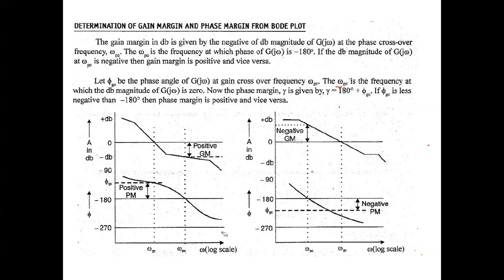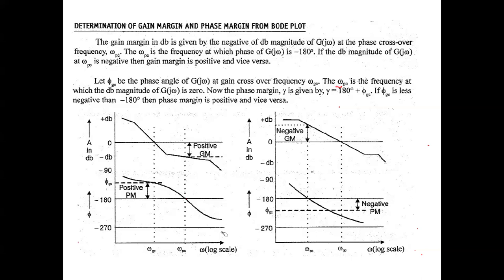So remember these three conditions: when the system is stable, unstable, and marginally stable. Stable: omega GC is less than omega PC. Marginally stable: omega GC equals omega PC. Unstable: omega GC is greater than omega PC.